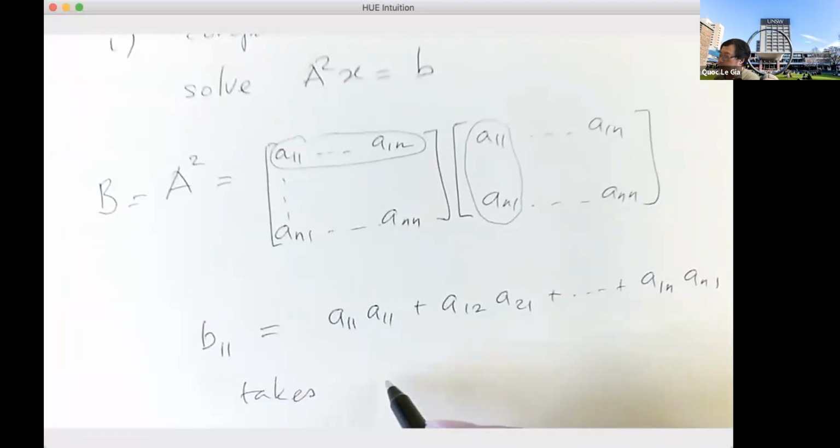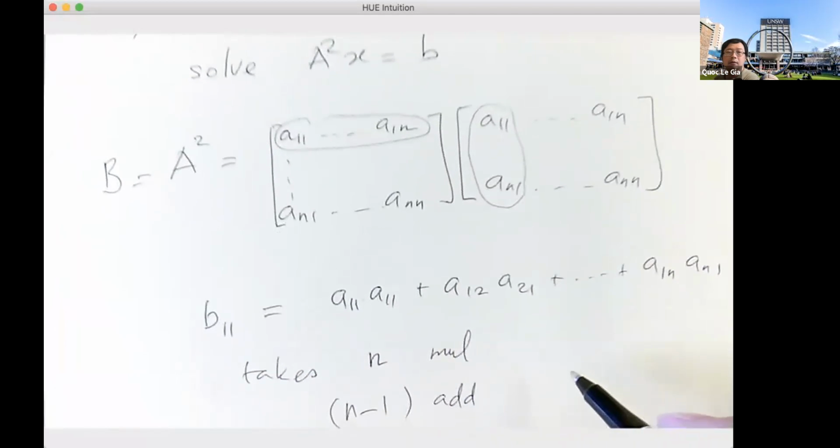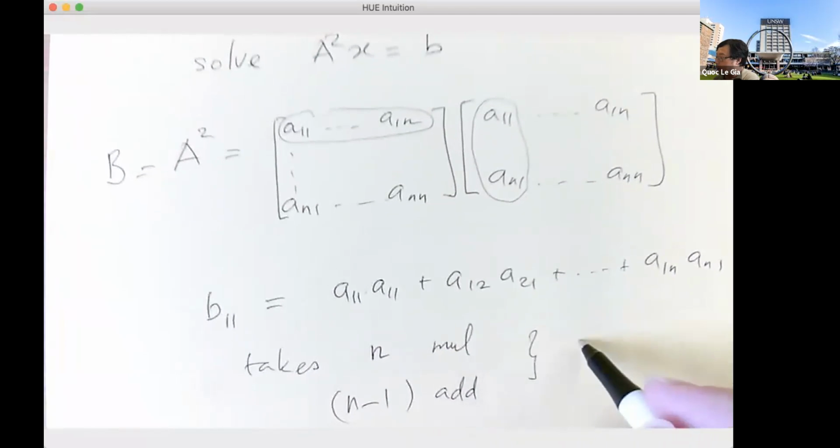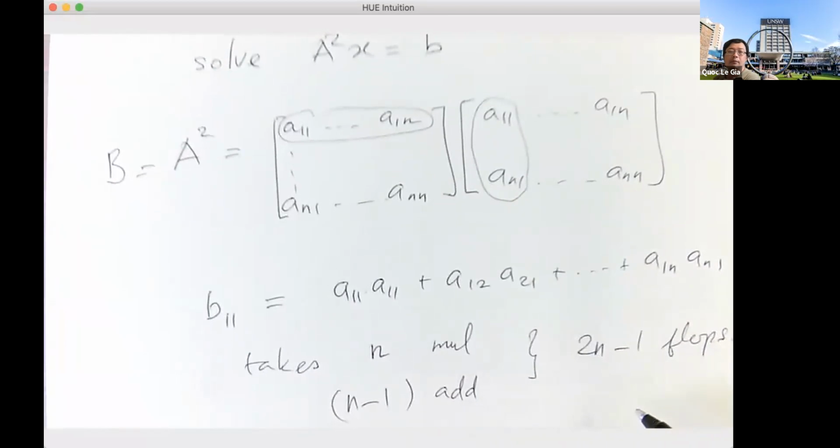Well, how many multiplications? n multiplications and n minus 1 additions. So this is 2n minus 1 flops. If n is very big, you can say that's about 2n for n large.